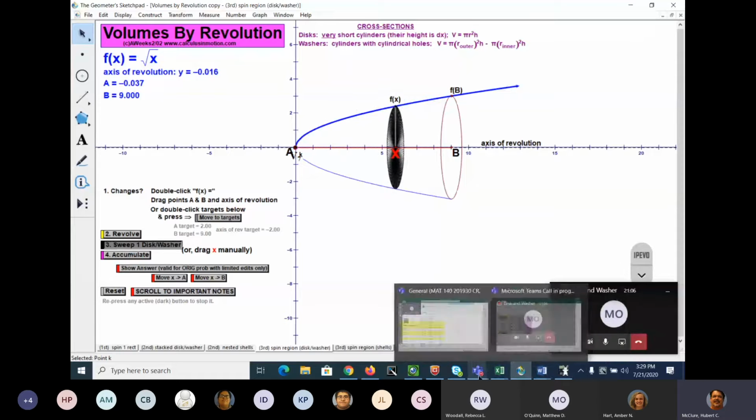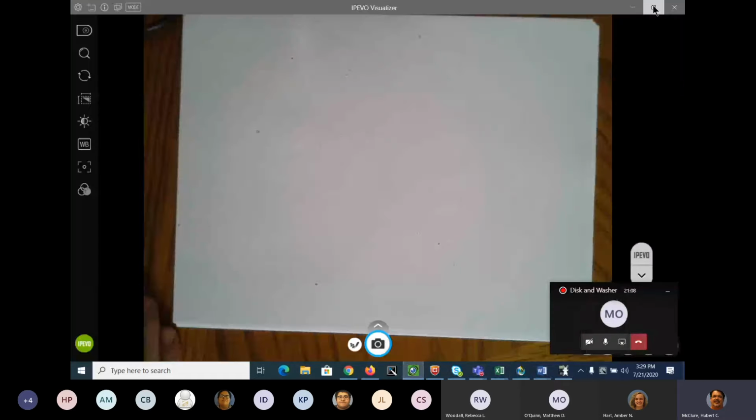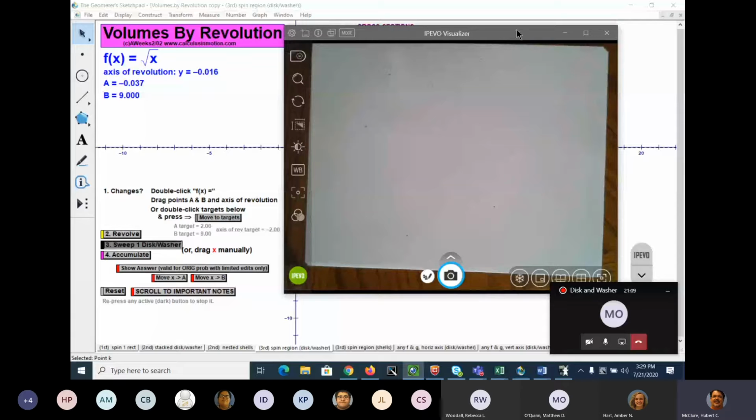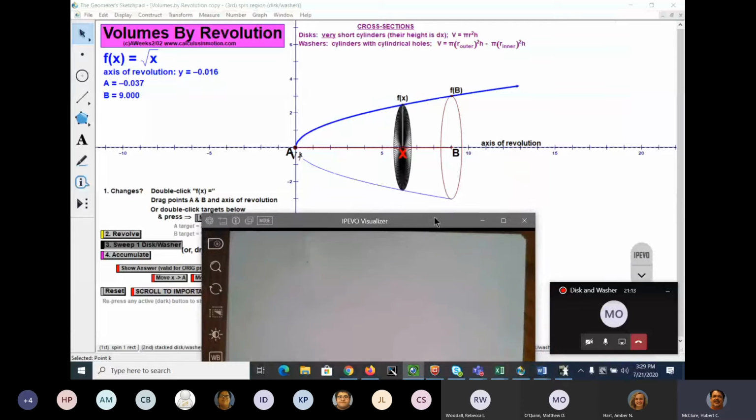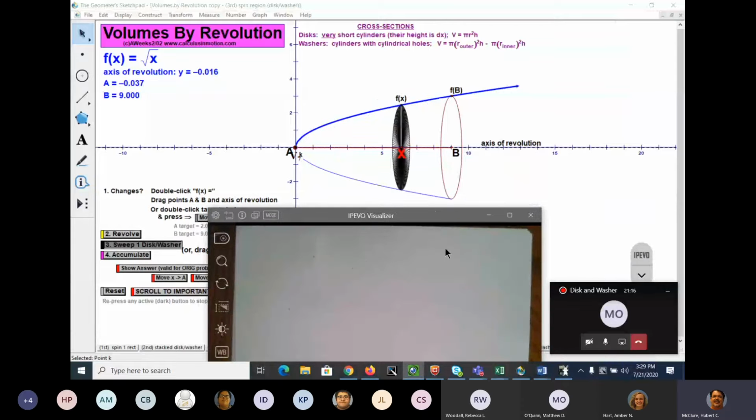Because when you're talking about a disc, you've got two components of a disc. One is the height of the disc, and the other is the radius.